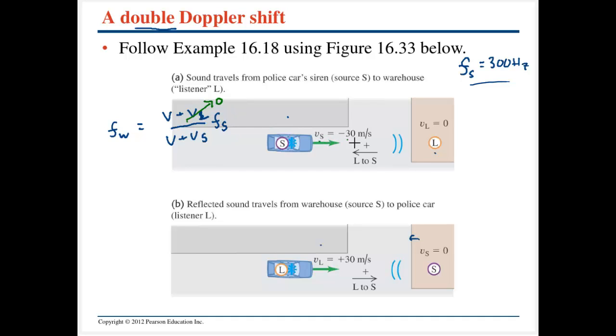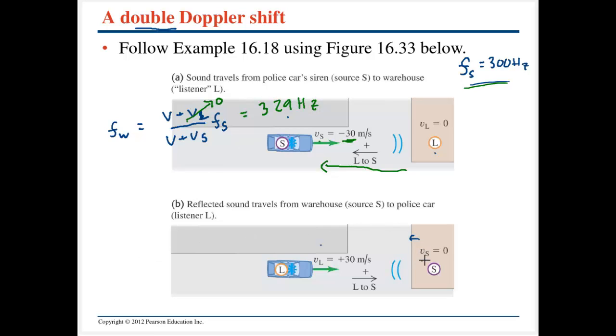The velocity of the source is going to be negative 30 meters per second because we're defining positive to be from the listener towards the source. That's always the key for this. So we plug all those in: 340, then negative 30, frequency of the source is 300 hertz, and the wall is going to essentially hear 329 hertz.